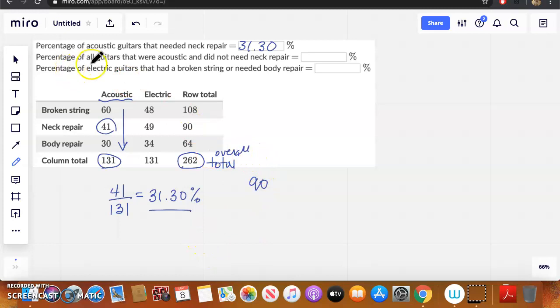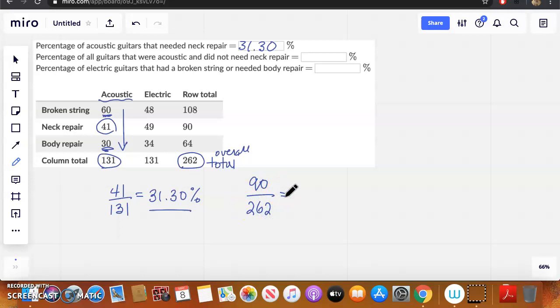So if we're looking at percentage of all guitars, acoustic and electric combined, so only 90 that were acoustic and didn't need the neck repairs would be the 60, this 60, and the 30, correct? Out of an overall 262.